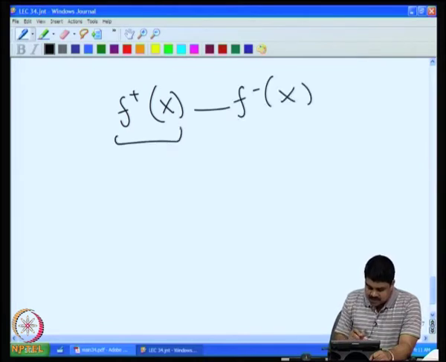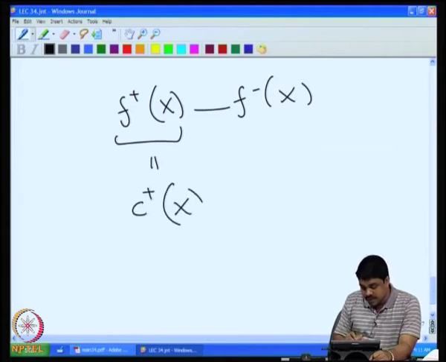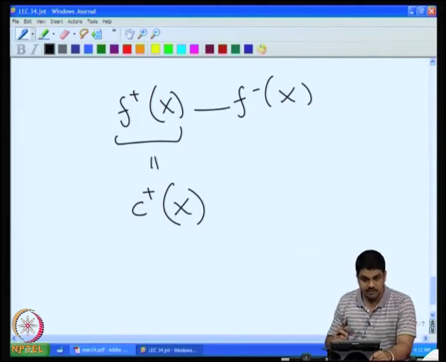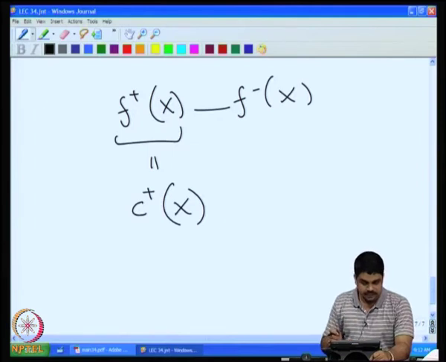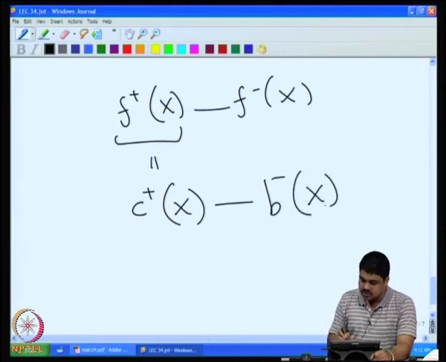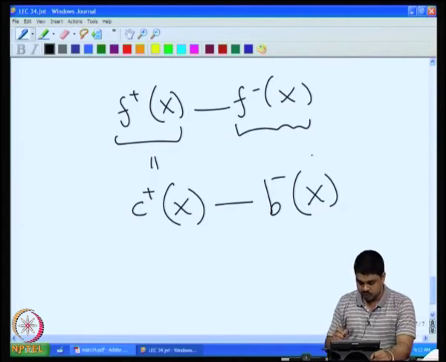But then this f plus of x is equal to c plus of x, because for all the outgoing edges the function value is equal to c of a, so it has touched the upper bound. Therefore, this will be equal to c plus of x, and this will be b minus of x, because on each of the incoming arcs the function value is touching the lower bound.